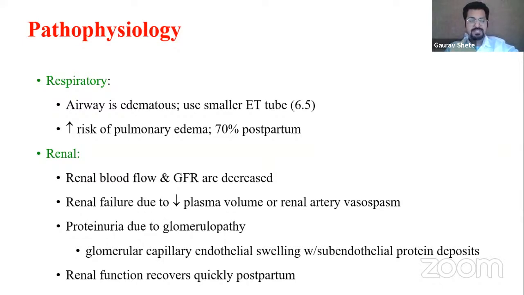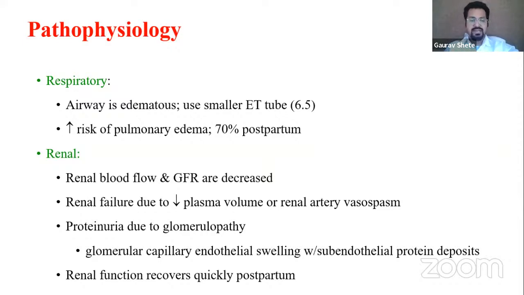So with patients with PIH, you have to be careful, specifically with fluid overload, because it might cause pulmonary edema. So fluid restriction. You have to be very careful with the hemodynamic management of this kind of patients.